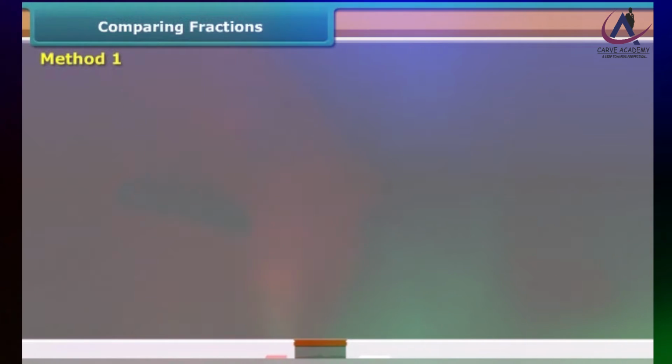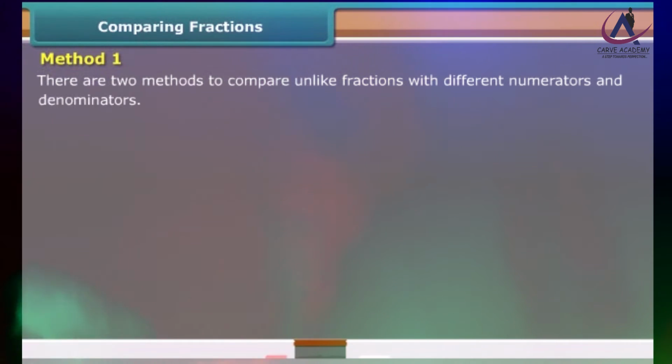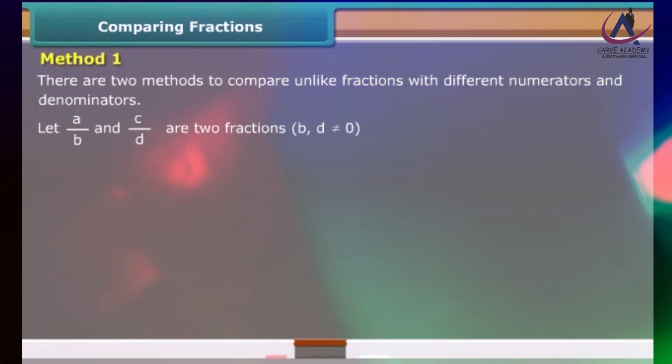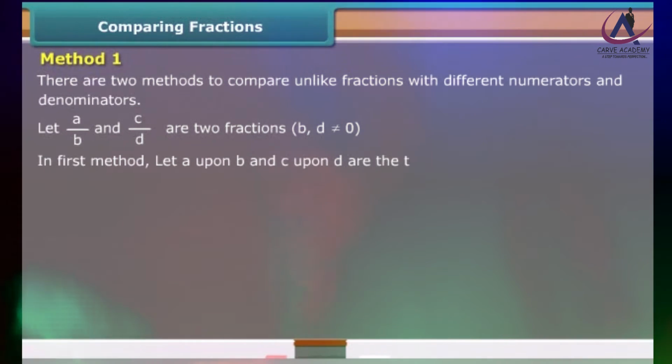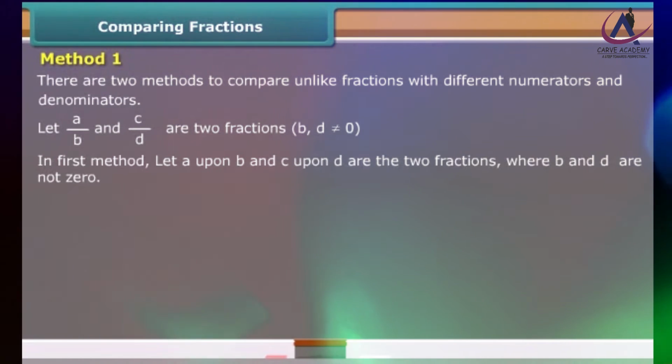Method 1. There are two methods to compare unlike fractions with different numerators and denominators. In the first method, let A upon B and C upon D are the two fractions where B and D are not 0.